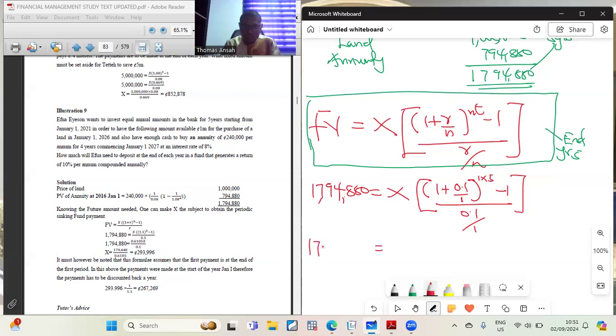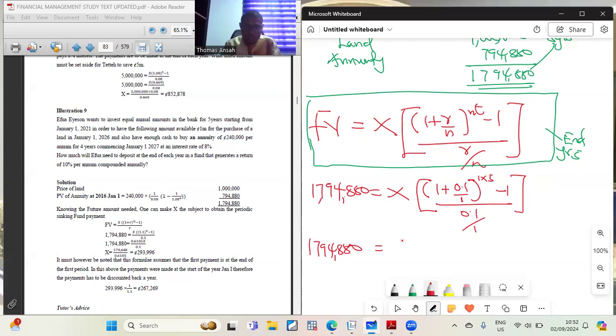I have 1,794,880 equal to x times, this one will be 1.1 raised to the power 5, minus 1, all over 0.1.